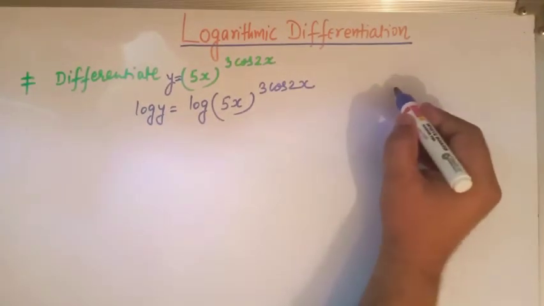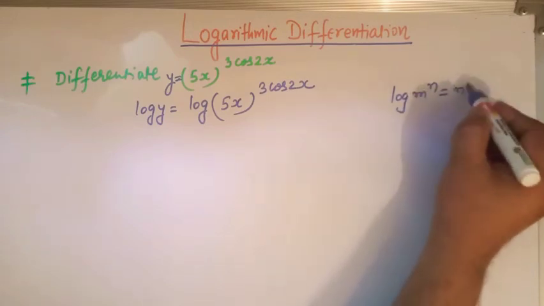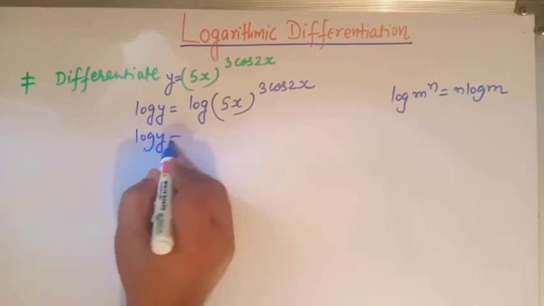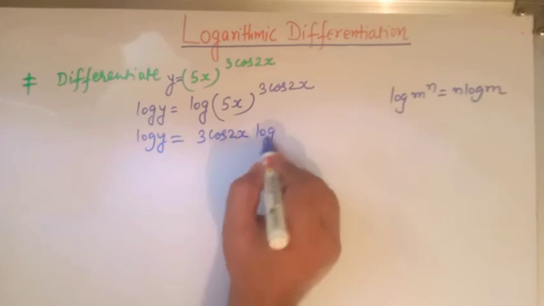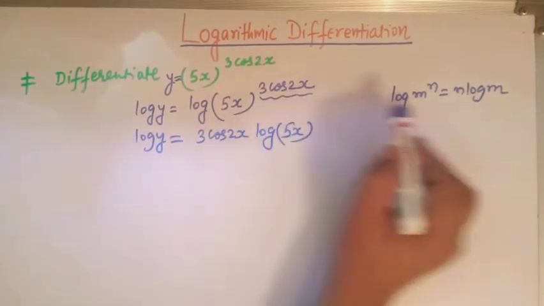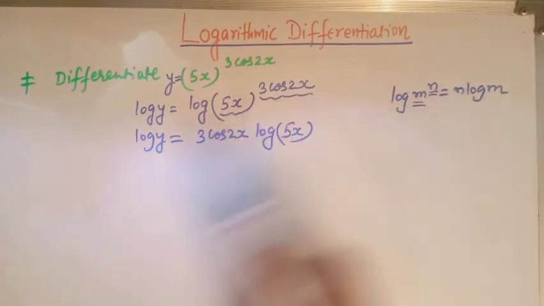Here we have to use the property log m raised to n is n log m, right? So log y is equal to 3 cos 2x log 5x, right? So 3 cos 2x is equal to, say, n, and 5x is equal to m.